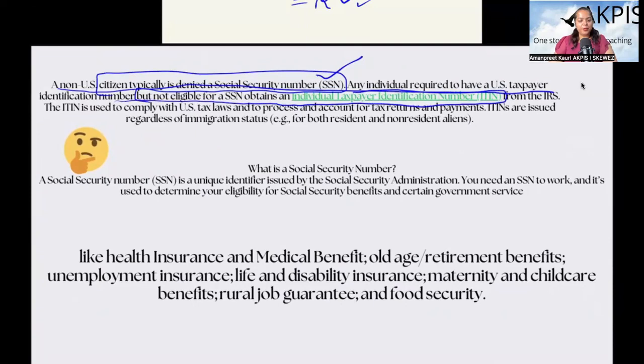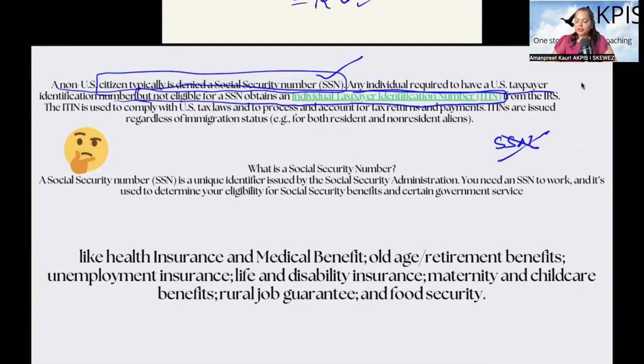Okay, are you a US citizen? If the answer is yes, you will have your SSN with you and you can file your income tax return with that SSN and for further compliances. But if you are not a US citizen, you don't have an SSN, but you are a US taxpayer anyhow, maybe you are a resident alien, right?